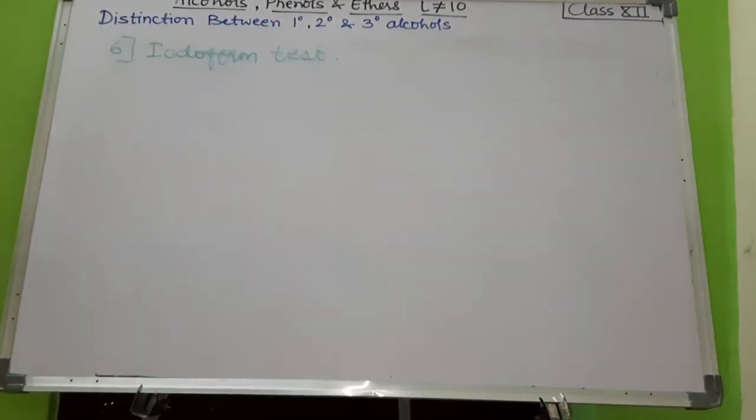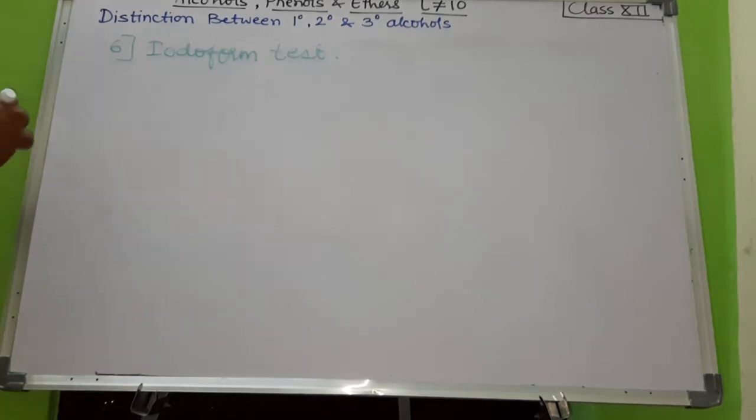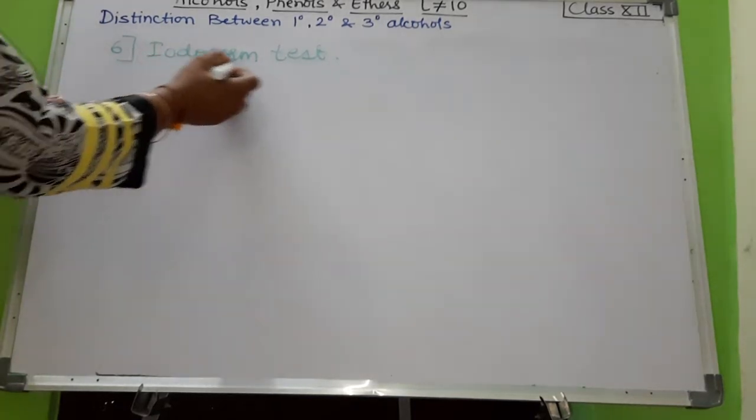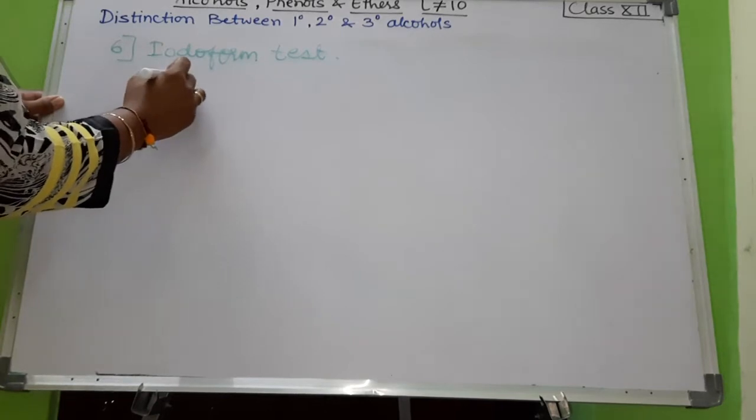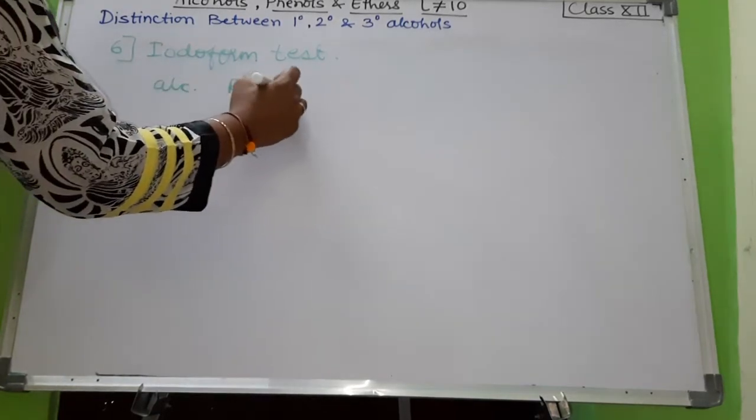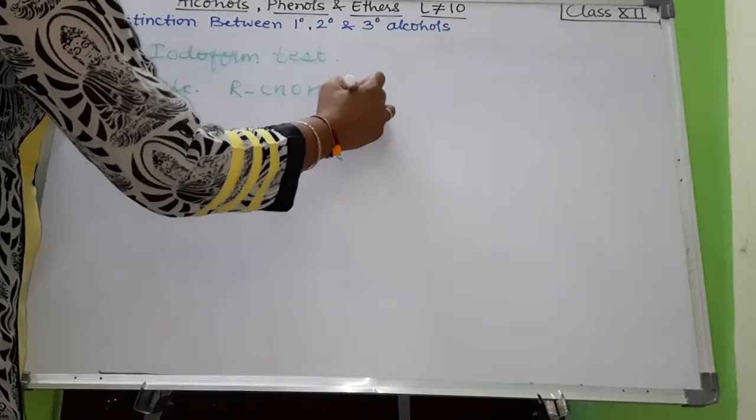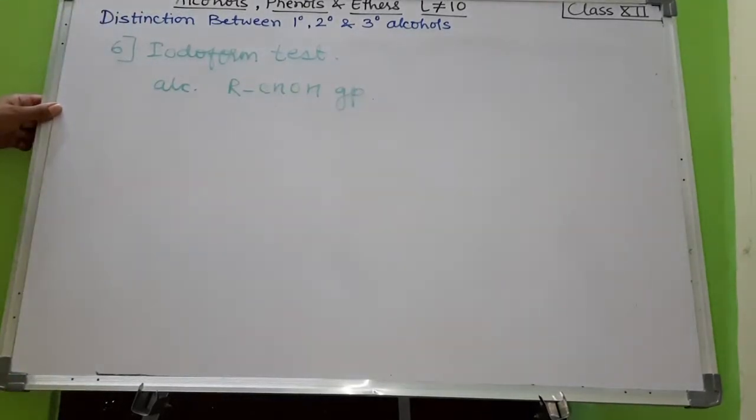The last test to distinguish between alcohols is the iodoform test. As we have already seen this test in detail in the halogen derivatives chapter, let's revise that. The iodoform test is given by only those alcohols which contain the CH3CHOH group. So it can be used to distinguish between methanol and ethanol.